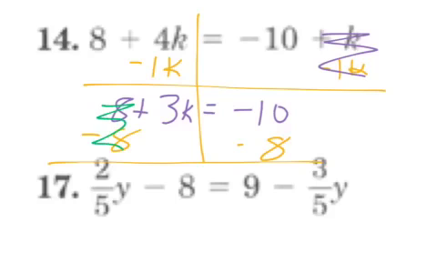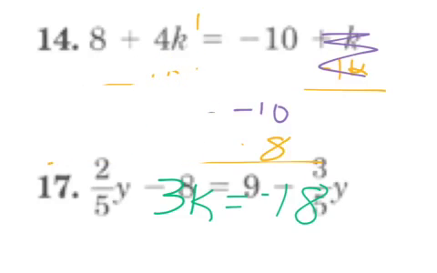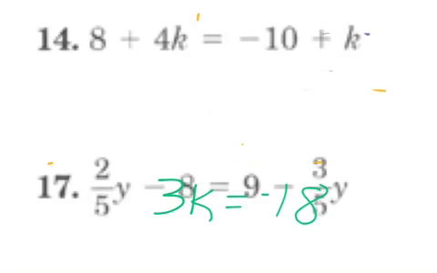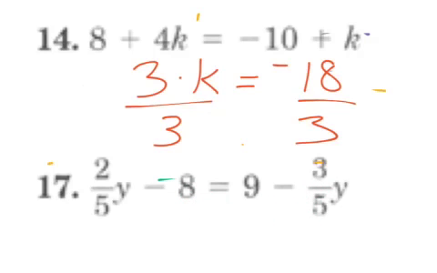On the left, the 8's go away. 3k comes down, equal to negative 10 minus 8, which is negative 18. Now we have a multiplication problem that we can undo. Dividing by 3, dividing by 3, our k is finally equal to negative 6.